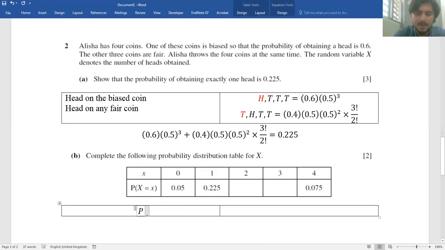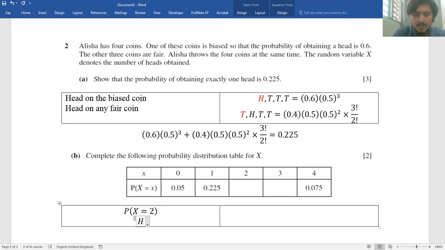So we are saying we find probability x is equal to 2. Again, 2 heads. What are the settings for the 2 heads? If she gets a head on the biased one and another head and any 2 tails. Head on the biased one is 0.6, and 0.5 on the fair one, and then 0.5 squared. And then this can happen in any order.